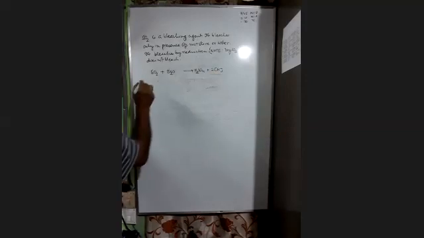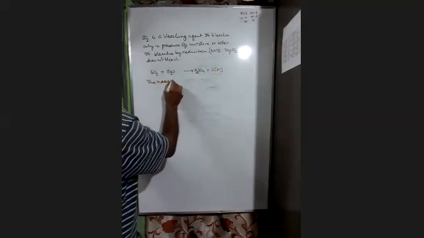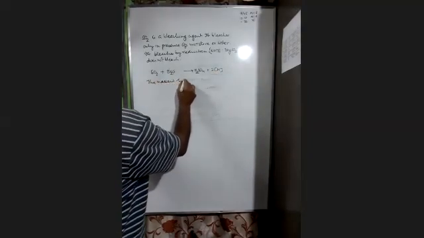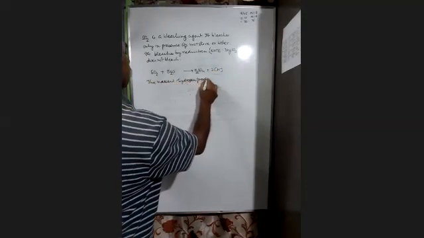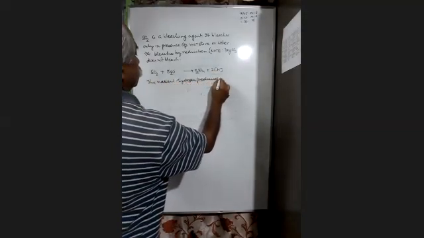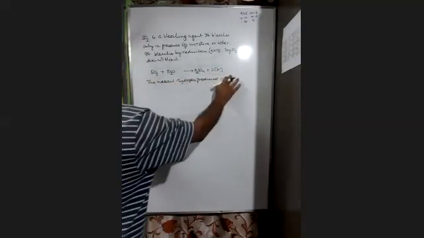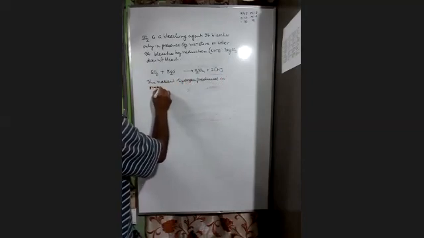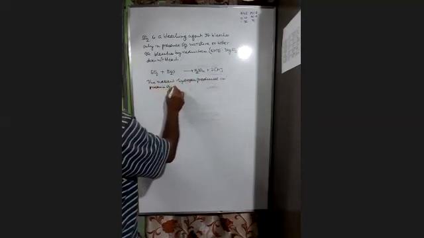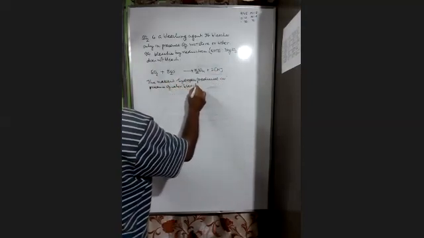So we write now here: nascent hydrogen produced in presence of water bleaches the color.